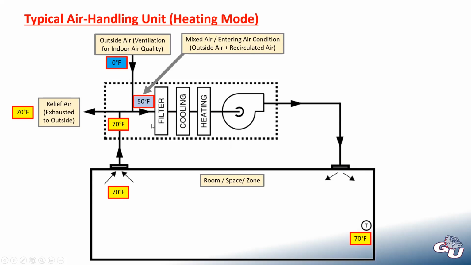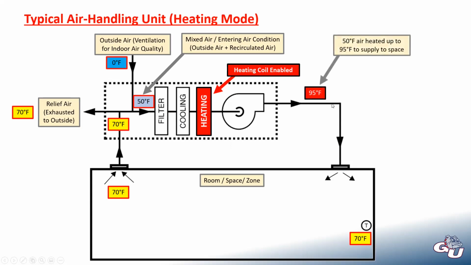Now this unit, I said, is in heating mode. So we're going to turn that heating coil on with whatever heat source it happens to have, whether it's gas heat or hot water or steam. Our 50-degree air hits that heating coil, and then it leaves at a warmer temperature, say 95 degrees. That's what ultimately gets delivered to the space, mixes in, becomes neutral, and then you just have a cycle.